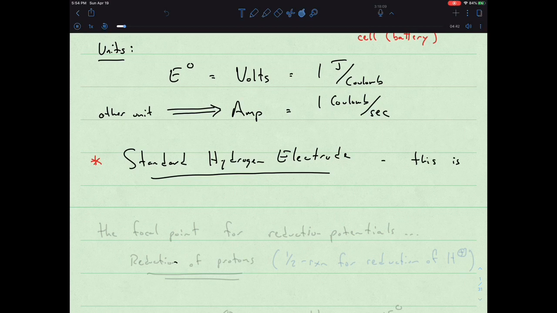This is basically the focal point for reduction potentials.